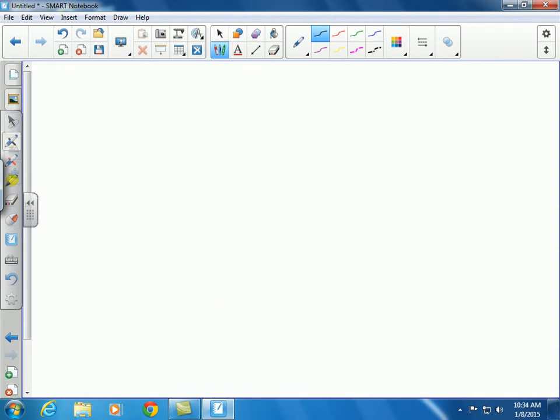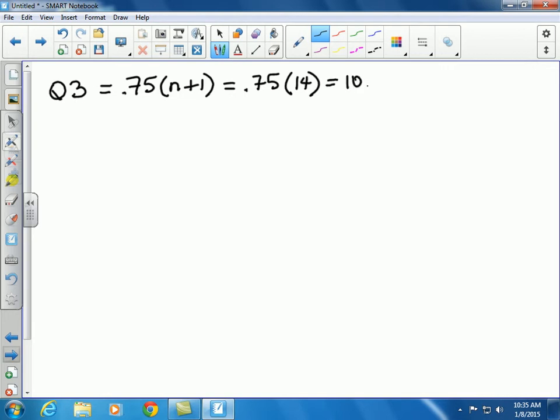If we do quartile 3, that is given by the formula 0.75 times n plus 1, which is 0.75 times 14. So we're taking the 75th percent of the 14 data points, and that gives us 10.5.